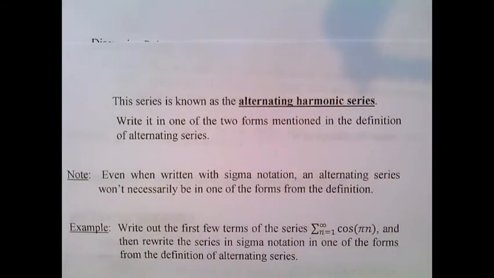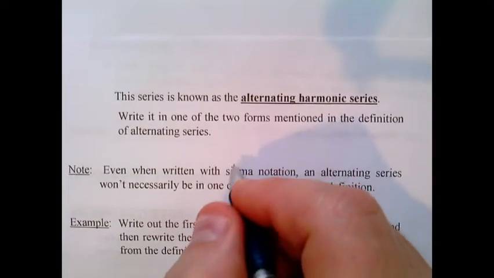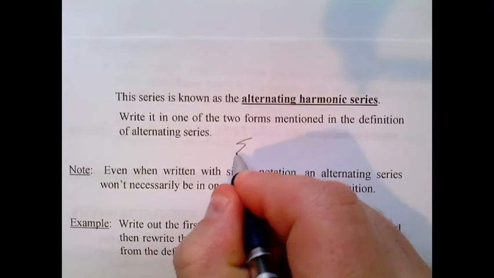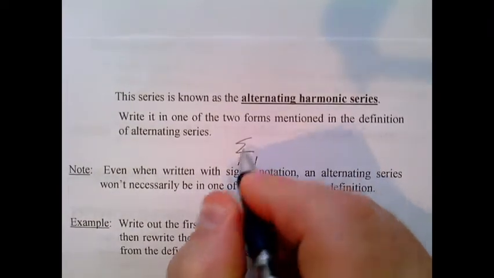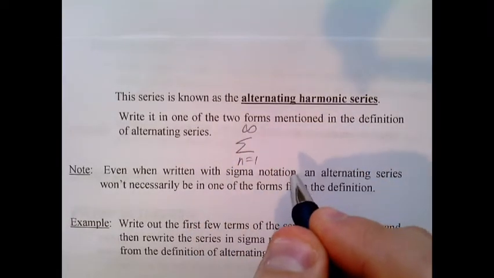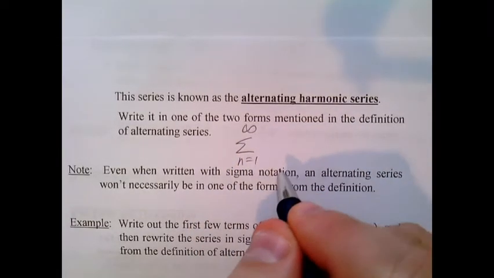harmonic series. And because it is an alternating series, when we write it in sigma notation, we can write it in one of those two forms mentioned in the definition. So if I want to put this into sigma notation, I'll say I've got a sum where n goes from 1 to infinity.